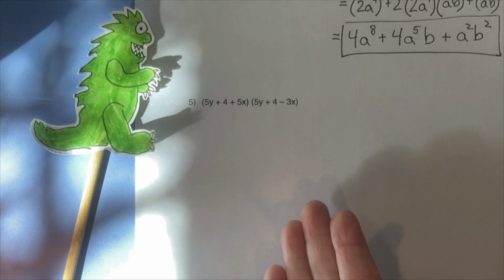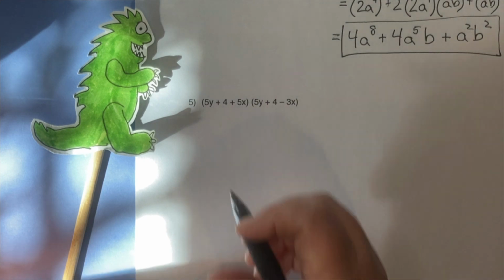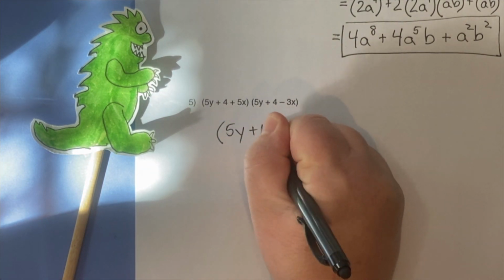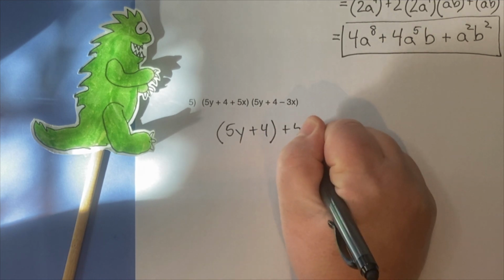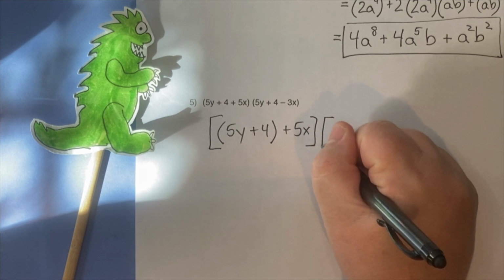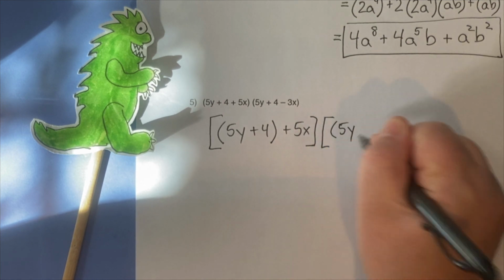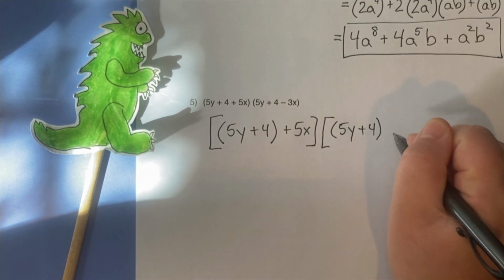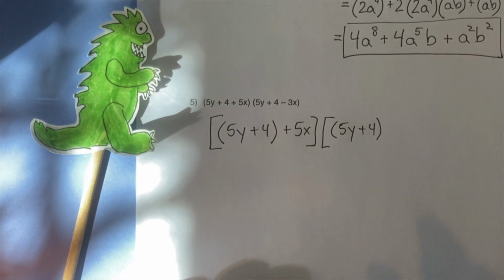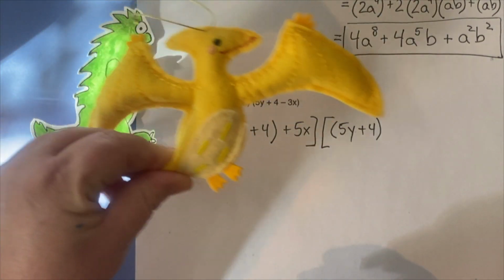So this is an example. 5y plus 4 plus 5x times 5y plus 4. Oh, there's a mistake. No, you can't do this problem. Oh my goodness. There have been so many pterodactyls in this video.